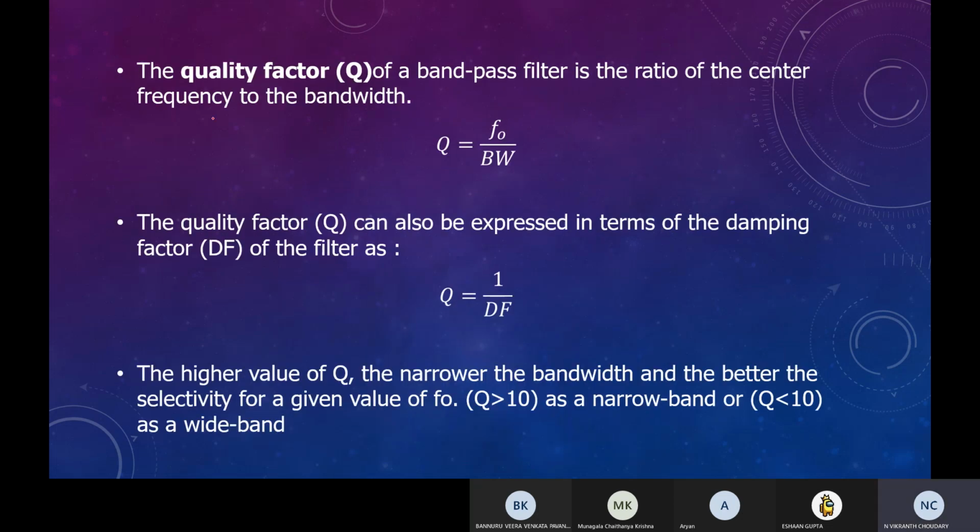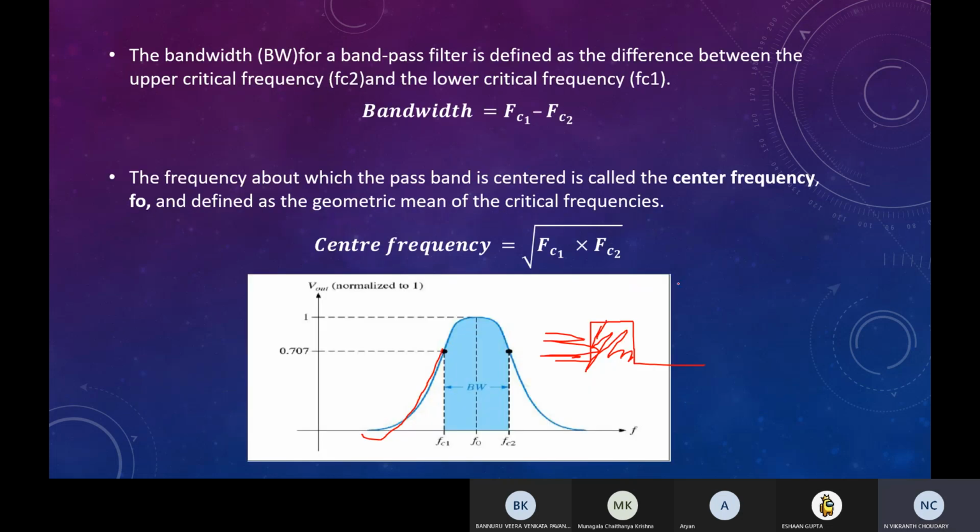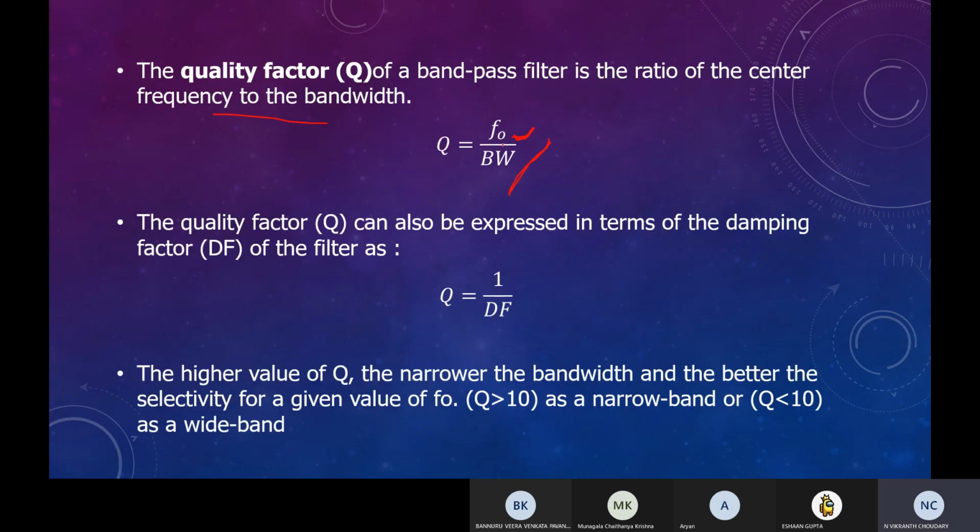Now the quality factor. This is a new definition. Quality factor is equal to f naught upon bandwidth. f naught is the center frequency for a band pass filter, and bandwidth would be fC2 minus fC1.